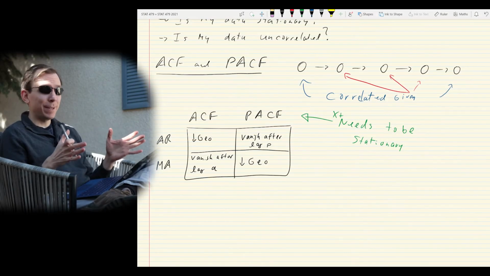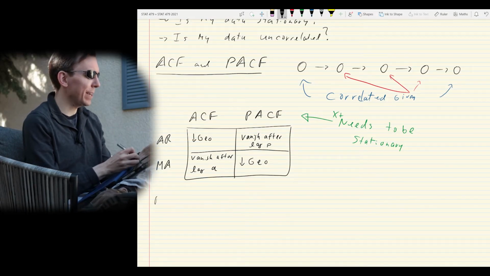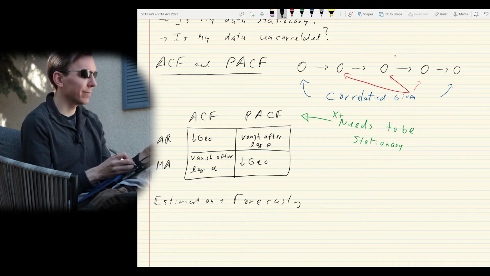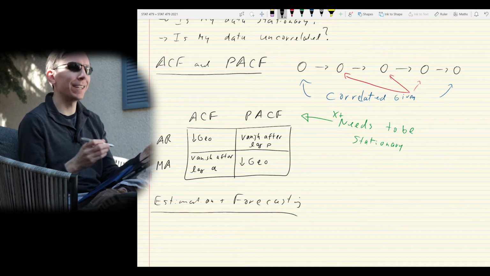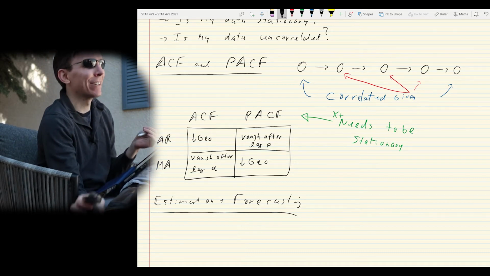All right, so the next big thing we talked about in this lecture course is the idea of both estimation and forecasting, which are two big things that we'd want to do with time series. So we have our time series data.